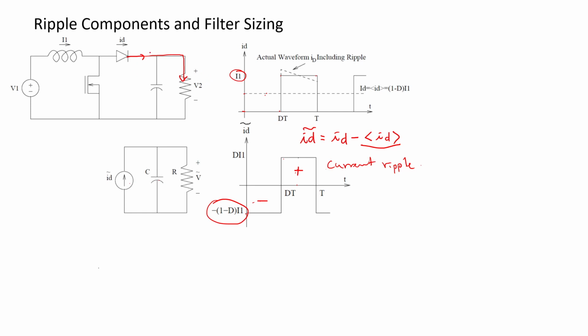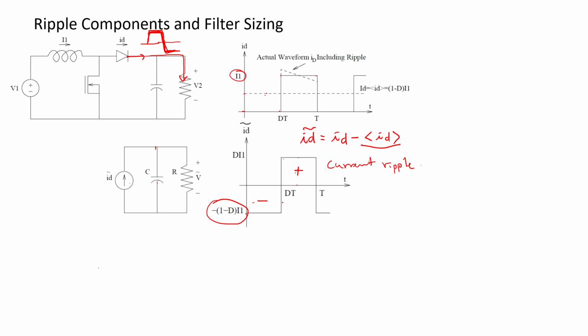But actually this value will have some ripple added, sometimes higher, sometimes lower, and this higher and this lower are assumed to just go in and out through the capacitor. You got the point? Then we always have a constant current to the load. This is actually the second assumption.